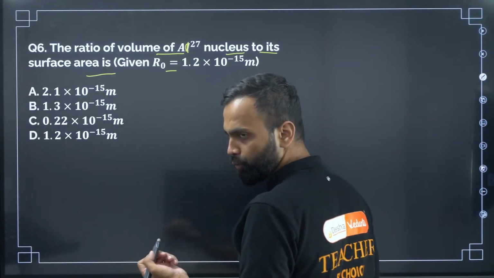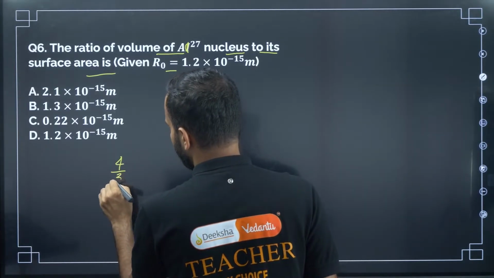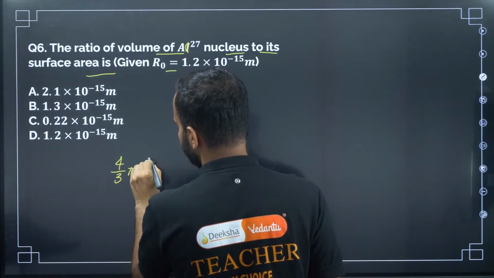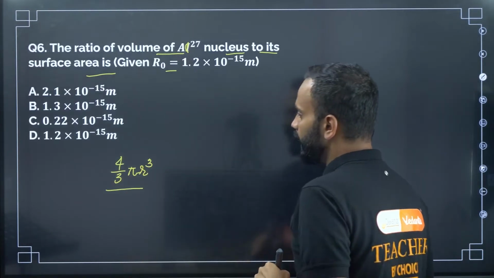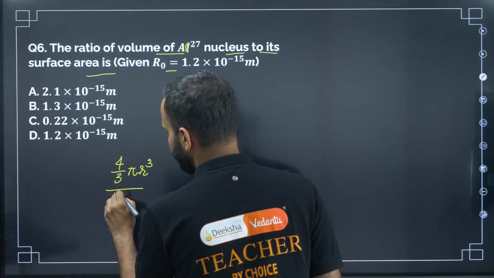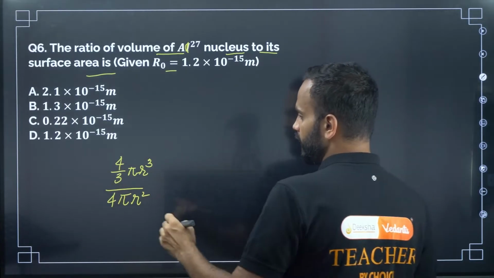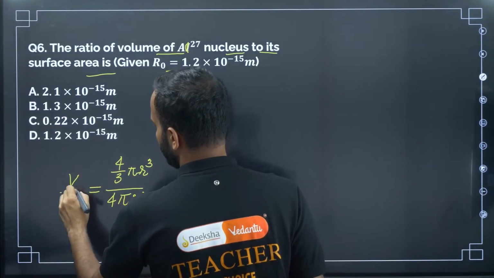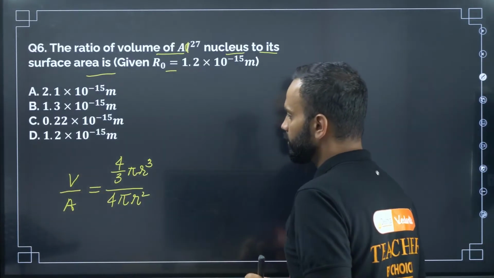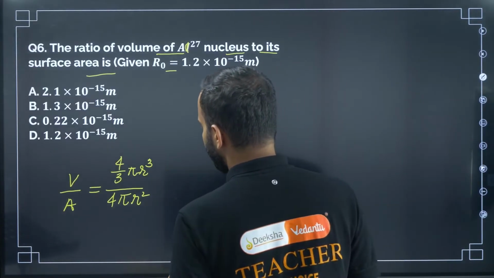So that will be 4 by 3 pi r cube, divided by surface area of the aluminium, which is 4 pi r squared, right? So this is the ratio of the volume of the aluminium to the surface area of the aluminium.